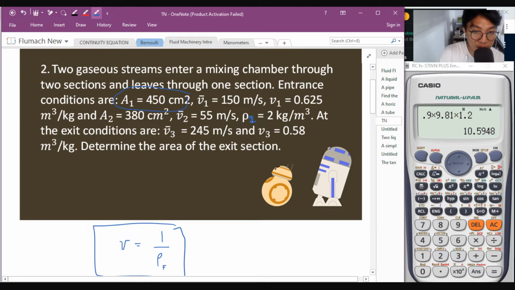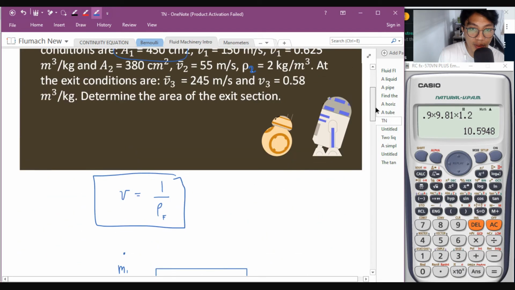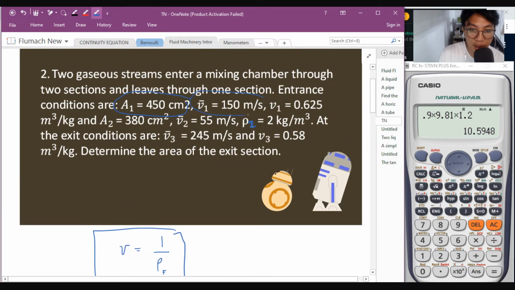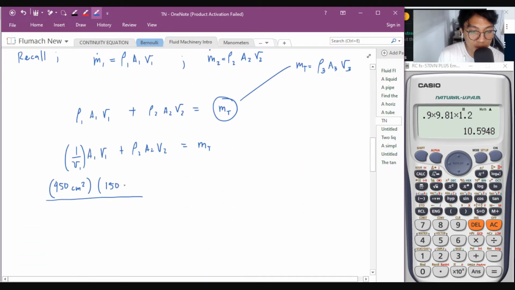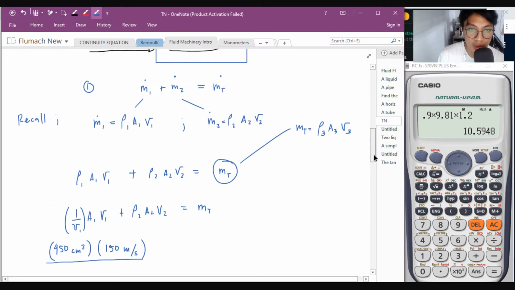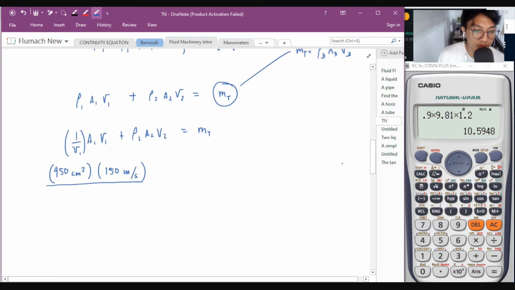450 cm squared. Okay. Check. Velocity 1. That is 150 meter per second. Okay. So, specific volume. The specific volume there is 0.625 meter cube per kilogram.